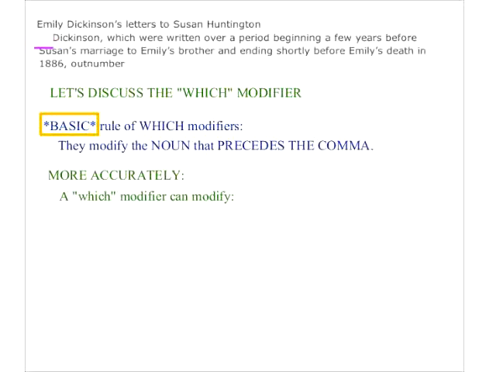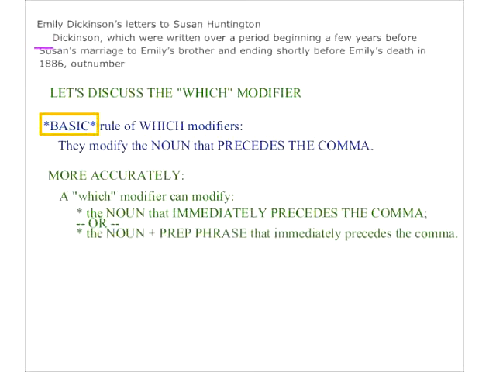So the rule that you've learned is not wrong. But the update that we need is that it can also modify the noun plus prepositional phrase that immediately precedes the comma. So either one of these, it can modify a noun or a noun plus a prepositional phrase.